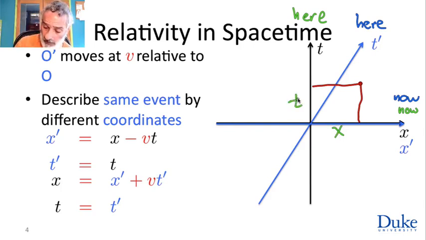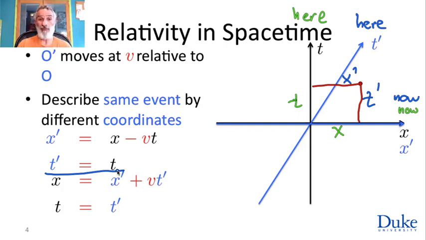What does the blue observer measure? Well, it's clear that the blue observer measures a different distance, since the blue observer is at a different position at the time the party occurred. He measures the party to occur at this distance to the right of his origin, and he also measures the time at which the party occurred. And since they synchronized their clocks, they agree on the measurement of time.